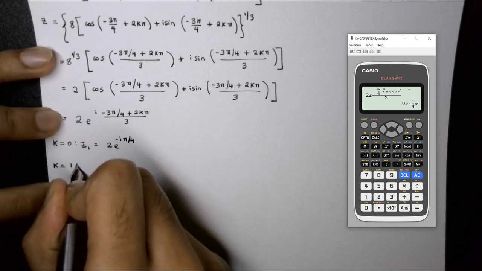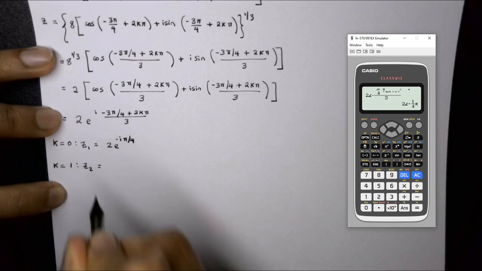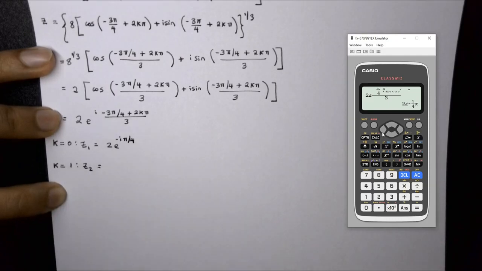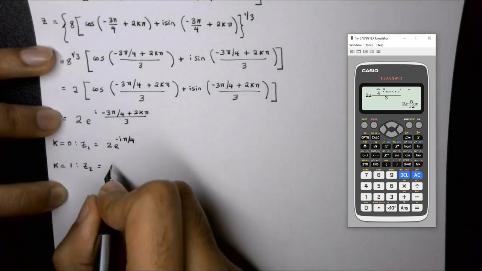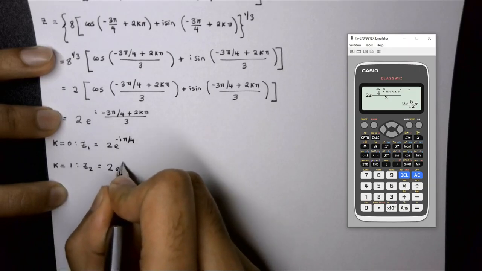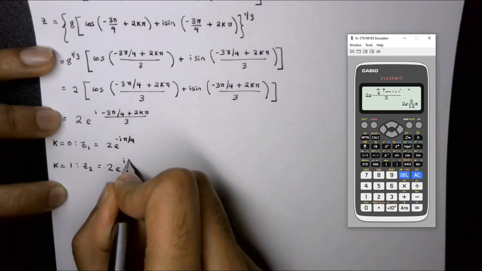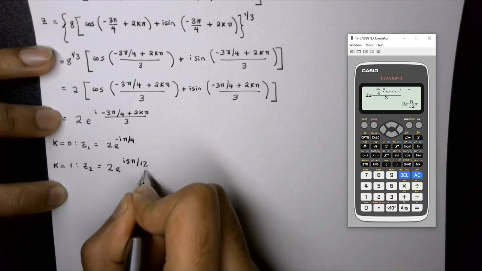When k is equal to 1, z2, let's just work this out. So when k equals 1, we get the angle equaling 5 pi over 12. So we get 2e to the i times 5 pi over 12.